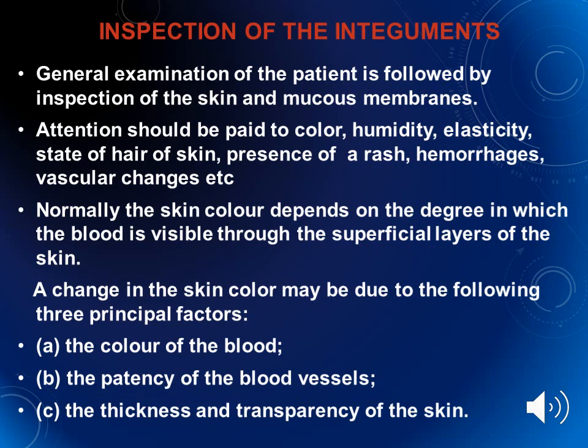Normally, the skin color depends on the degree in which the blood is visible through the superficial layers of the skin. Change in the skin color may be due to the following three principal factors: color of the blood, the patency of the blood vessels, the thickness and transparency of the skin.